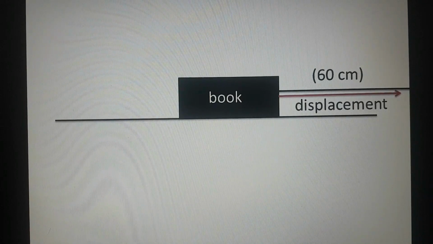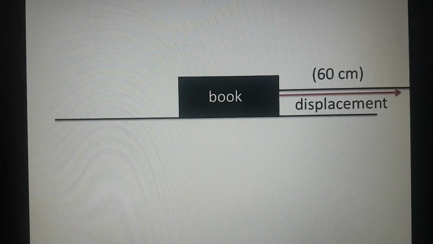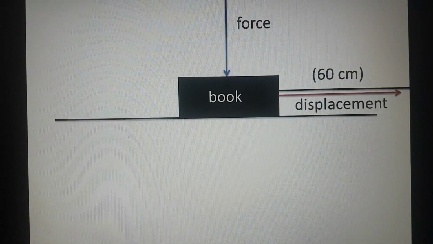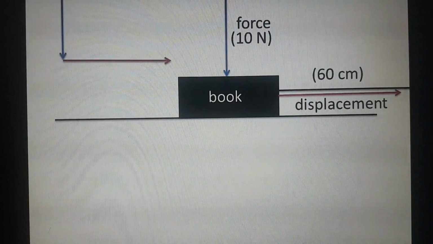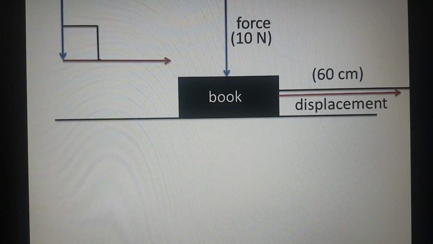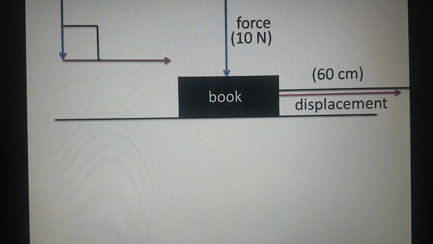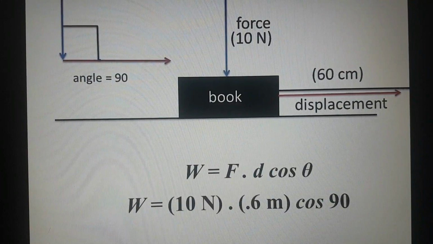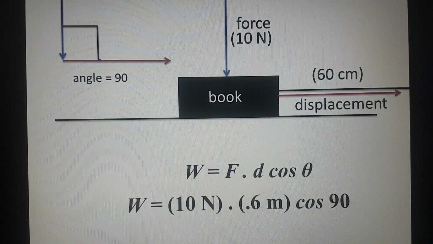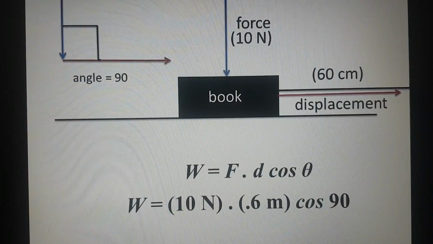Let us say that after displacement, a force of 10 Newtons acts upon the book. And if we're going to draw its free body diagram, we can see that force and displacement formed a 90-degree angle between them. So, given that the angle is equal to 90 degrees, 10 Newtons multiplied by 0.6 meters cosine 90, and cosine 90 is equal to 0.